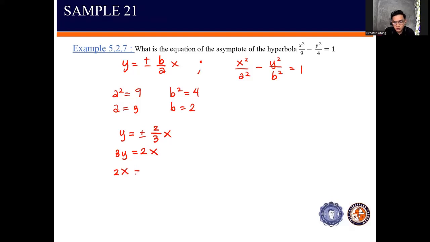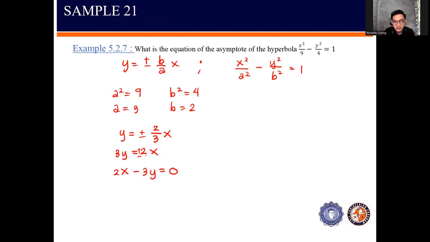Is equivalent to 2x. Ayan. Again, positive and negative siya pwede. So, positive muna tayo. 2x plus 3y or 2x minus 3y, kasi lipat lang natin to the other side, is equivalent to 0.